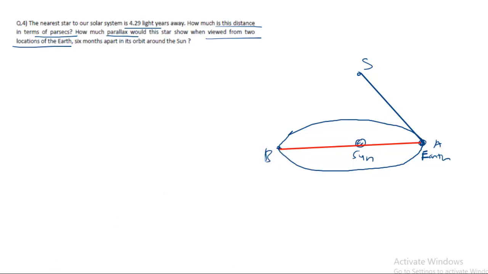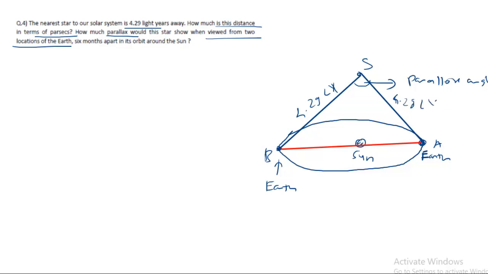This position will be reached after 6 months. So this is also Earth, and we are observing the star S again from this location. We need to find this angle, which is known as the parallax angle. Now the distance SB is given as 4.29 light year, and this distance again is the same, 4.29 light year.